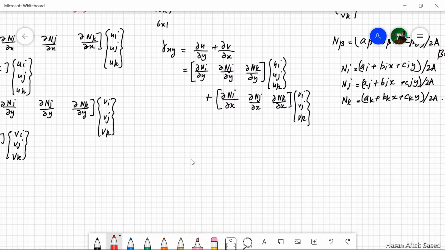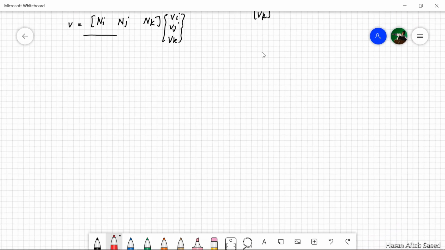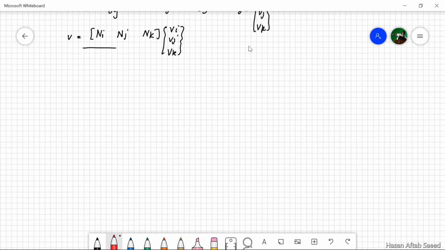Now what about the B matrix for a 3D element, a 3D simplex element? By similar considerations as in the 2D case, it can be shown that the B matrix takes the following form.